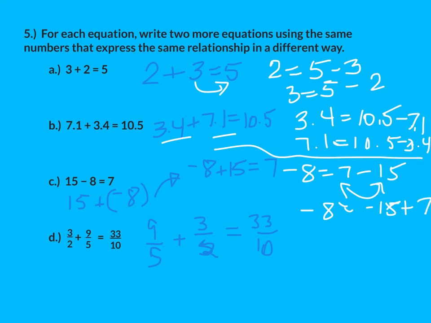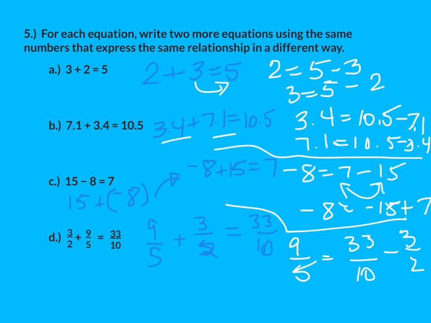I know that that looks a little funny, but that's really just because you're not used to looking at it like that. Okay, and this last one here, if I move either one of them over, I could be left with 9/5 equals 33/10 minus 3/2. Okay, if you don't see your answer here and you're not sure if it's right or wrong, just come and ask me. I'm happy to help.